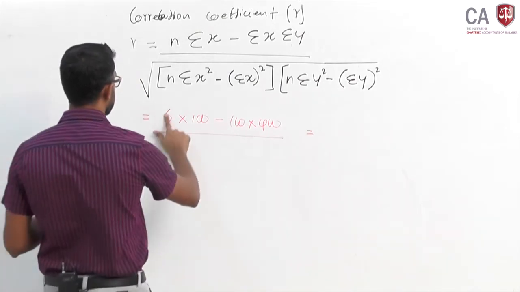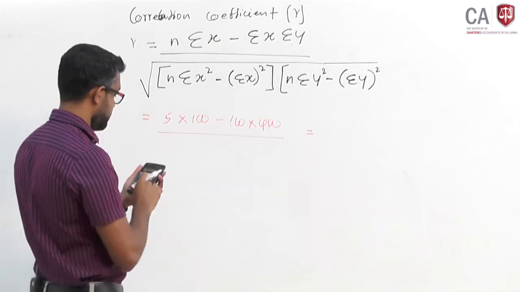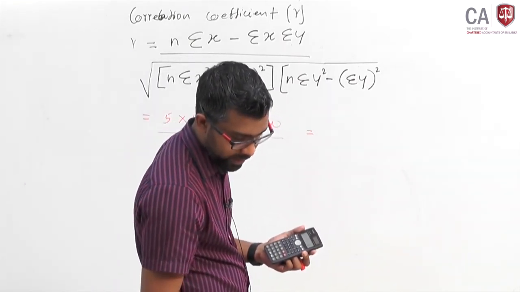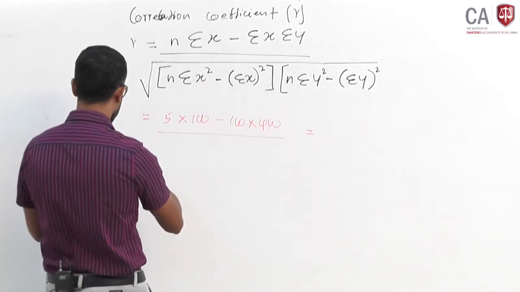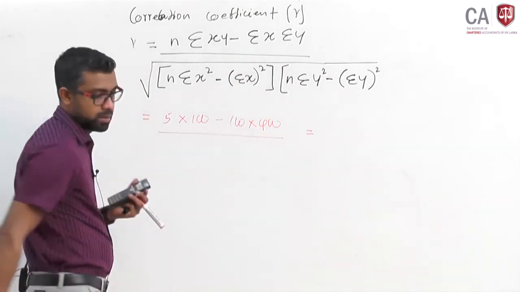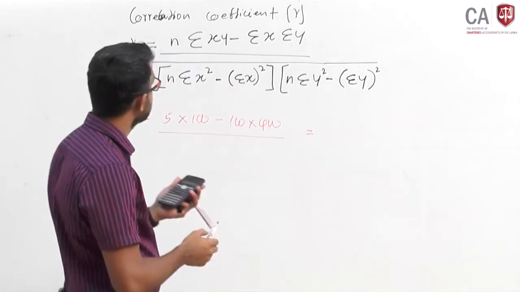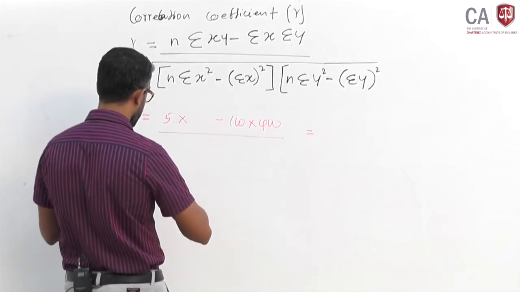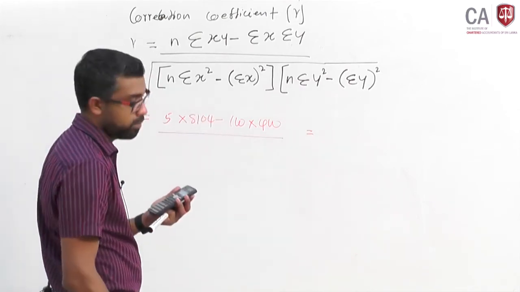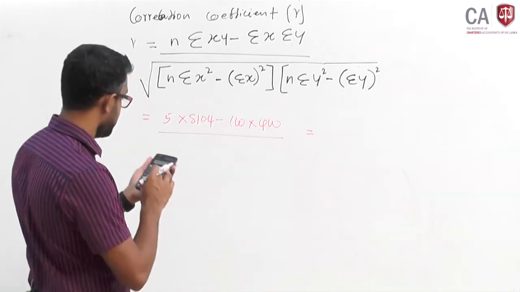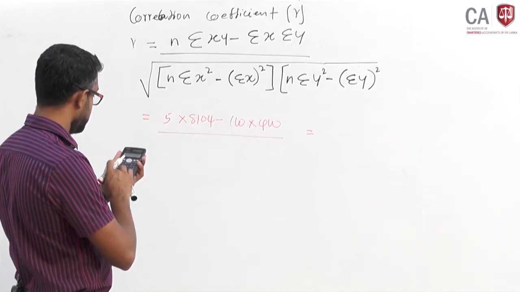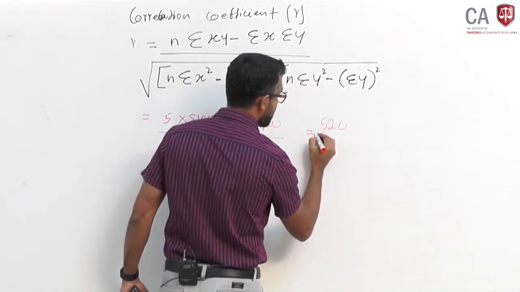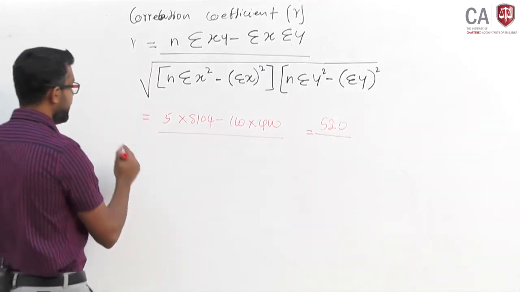Sum of xy was 8,000. And for sum of x and sum of y, the answer comes to 520. So the numerator is very simple to calculate, but for the denominator be careful.